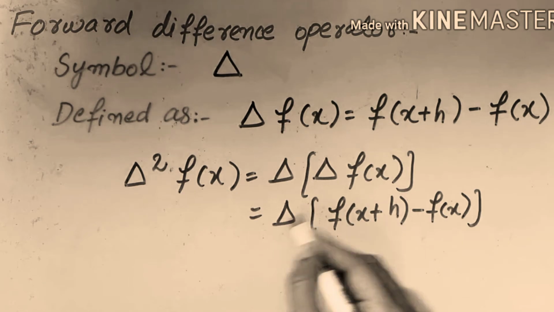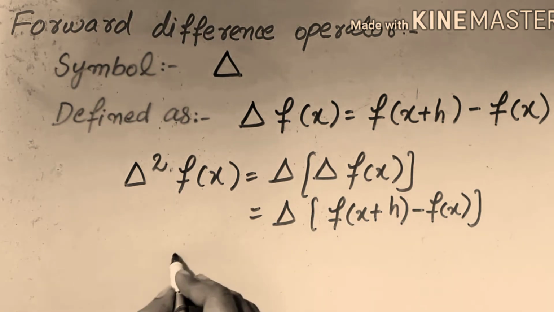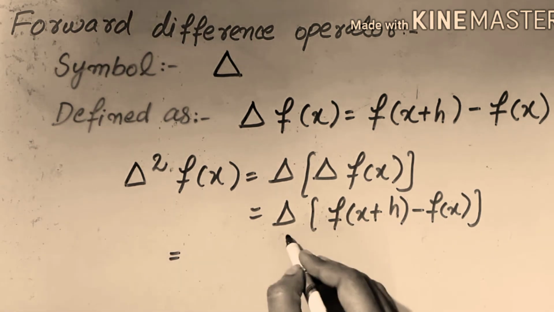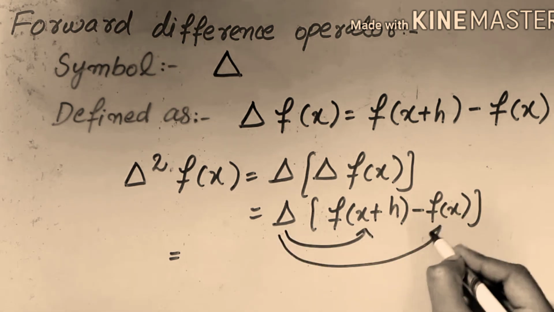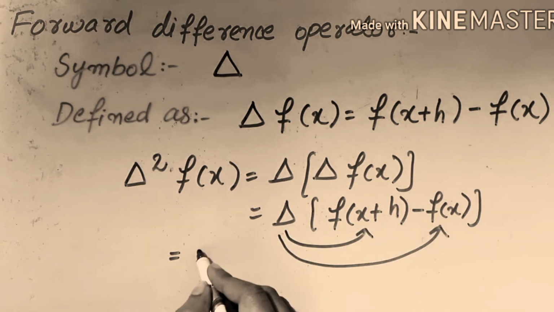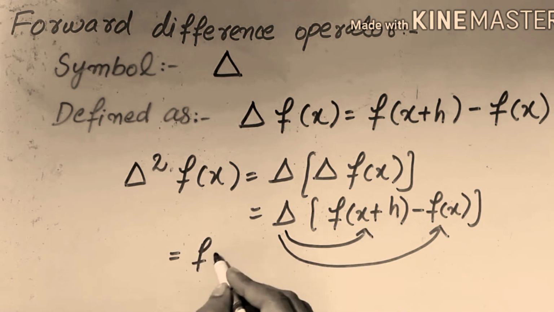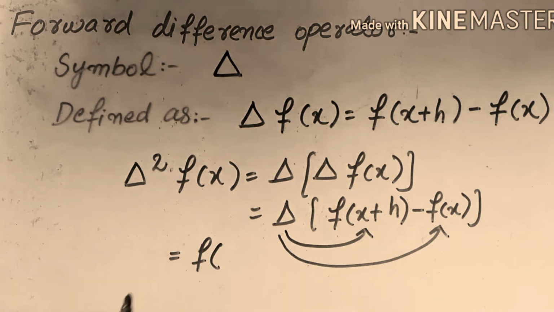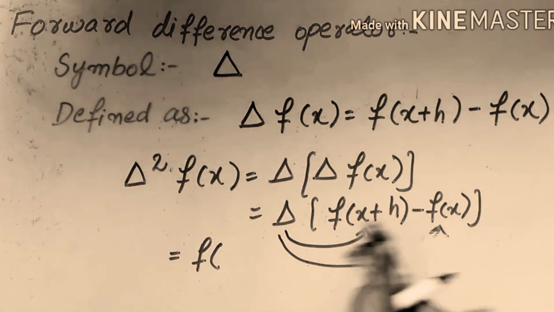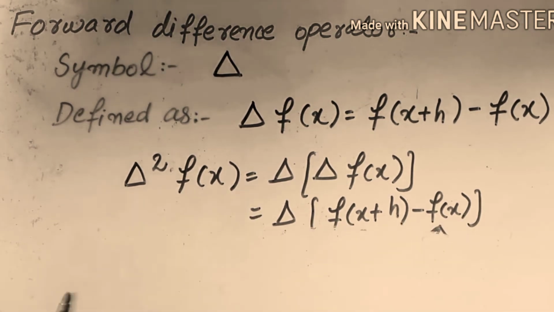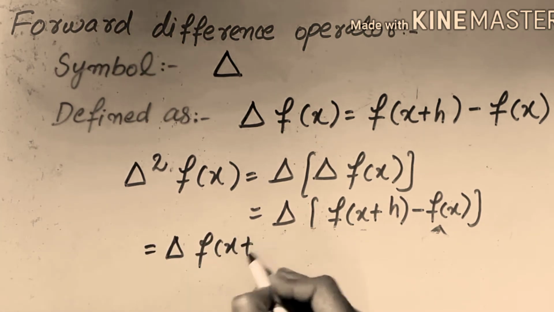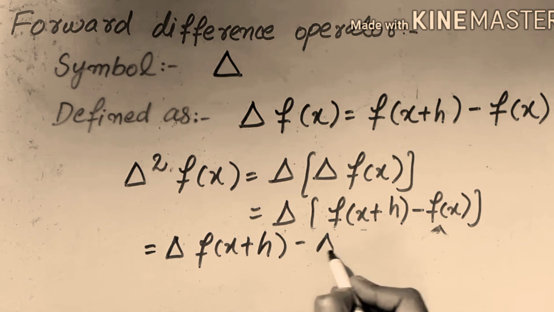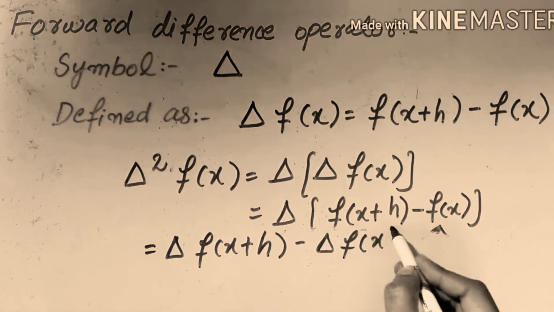Now we will apply the forward difference operator on these functions. Let's do it separately. First we apply it on f of x plus h and then on f of x.